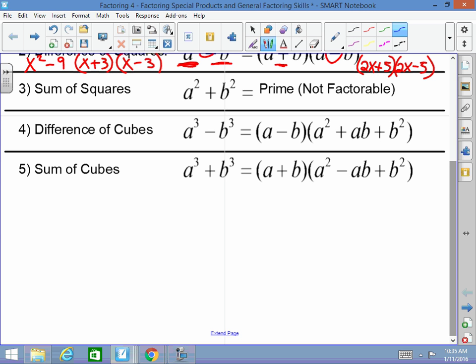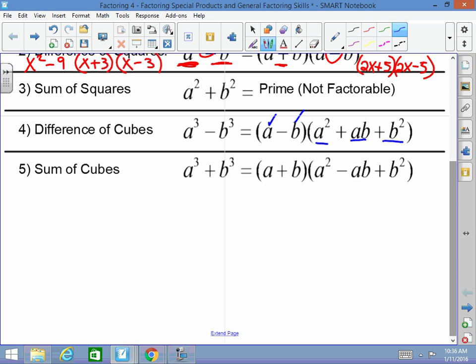When you have a difference of cubes, it's a perfect cube minus a perfect cube. And the formula is the cube root of the first term minus the cube root of the second term times the first term squared plus the product of the first term times the second term plus the second term squared.